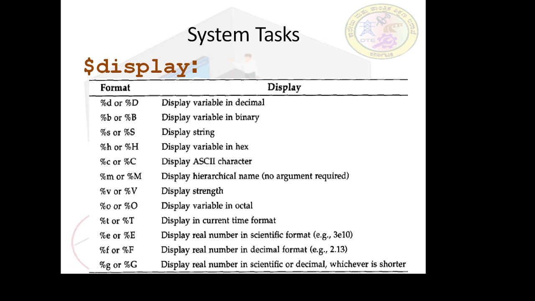Percentage M for displaying hierarchical names. Percentage V we use for the strength, percentage O in the octal form, percentage T is used for the current simulation time, percentage E is used for the scientific formats, percentage F for the decimal formats, and percentage G is used in decimal or the scientific formats.